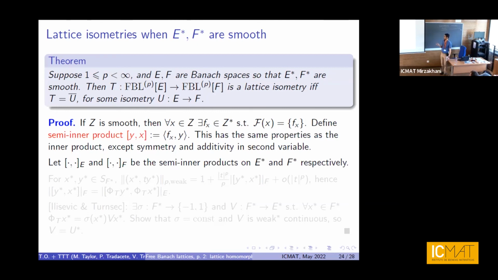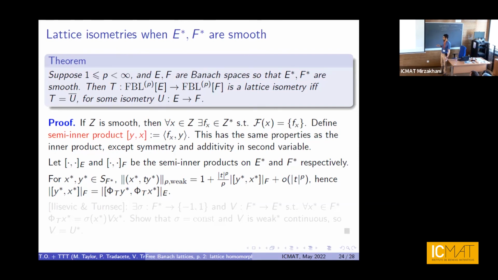If we have a lattice, so let's say we are in this situation, we can define the semi-inner product of E on E star and F star respectively. And I claim that our map phi sub T arising from this T preserves the semi-inner product.